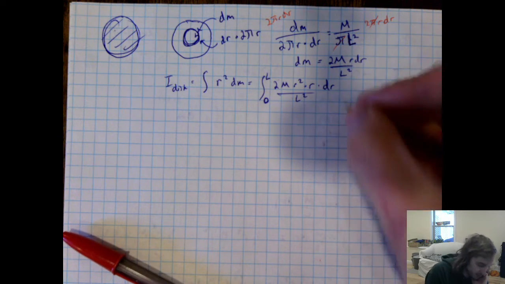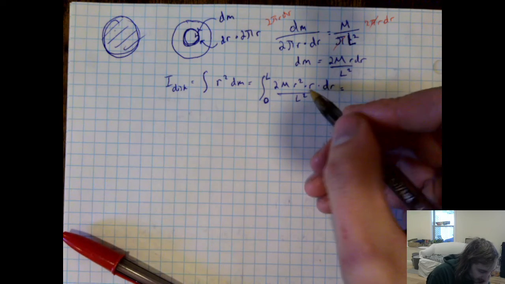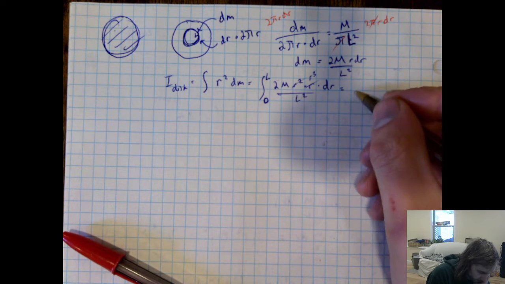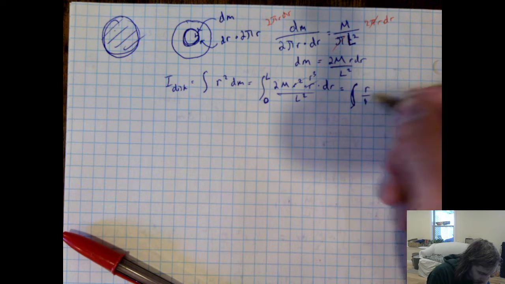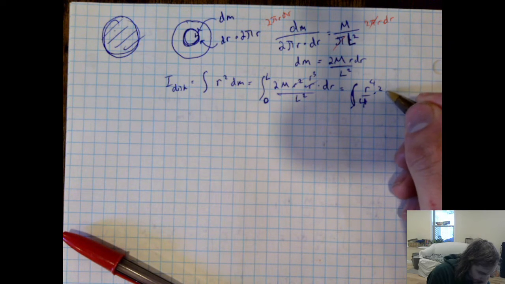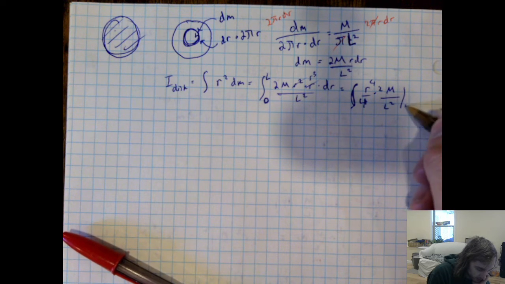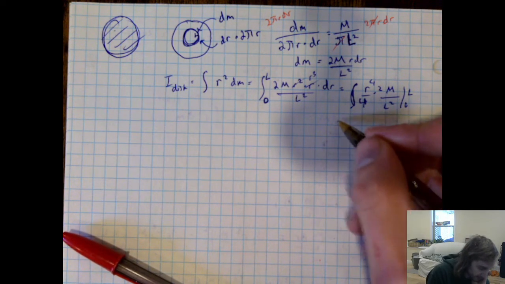When we go ahead and take our integral, r squared times r is r to the third. The integral of r to the third is r to the fourth over 4, times 2 times m divided by L squared, evaluated from 0 to L. Thankfully, the math here is pretty easy.